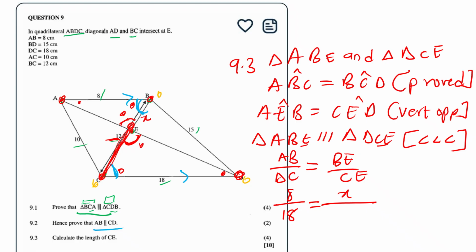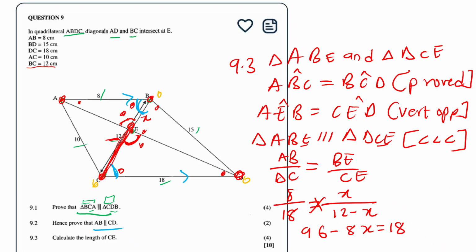So yeah, we are told that BC, it is 12. Therefore now we can name BE as X. Therefore now our CE is going to be 12 minus X, right? So if we cross multiply, you will come to a point where you will be having 96 minus 8x, which is equal to 18. All right.